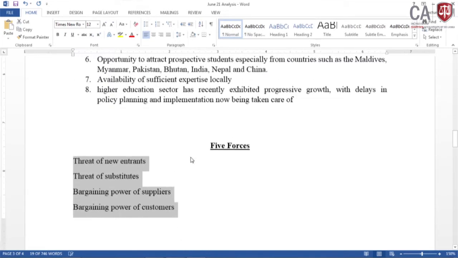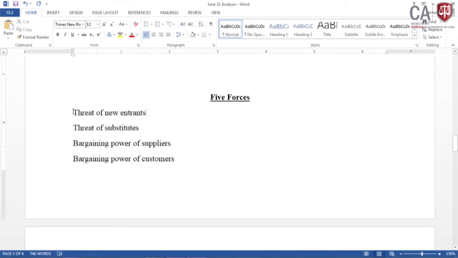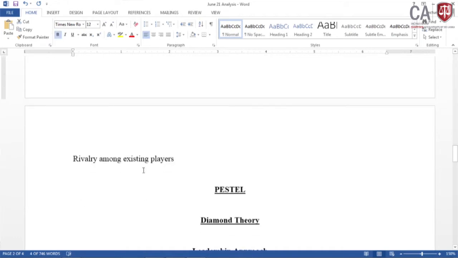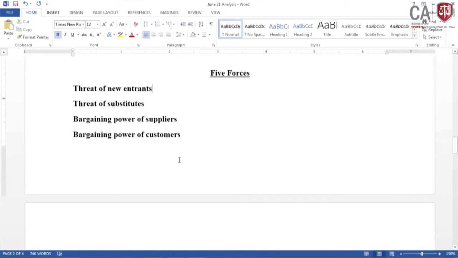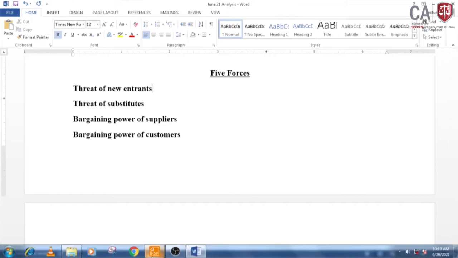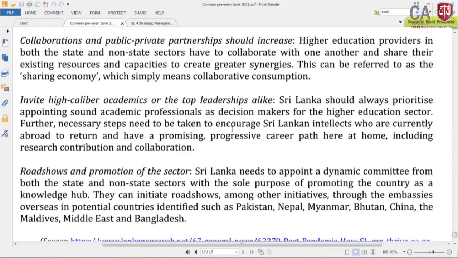Right. We have to find information relevant to these 5 forces: threat of new entrants, threat of substitutes, bargaining power of suppliers, bargaining power of customers, then rivalry among existing players. So, do we have any information regarding threat of new entrants?